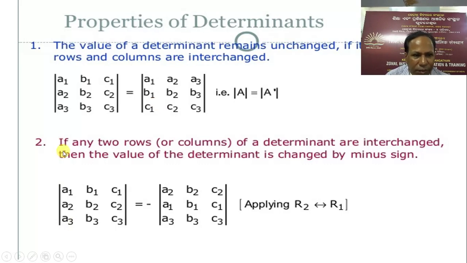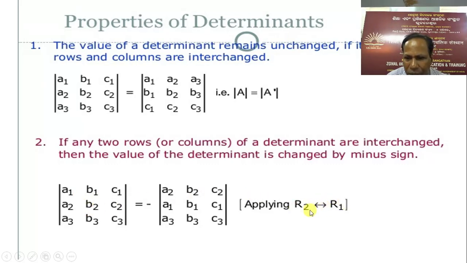The second property is, if any two rows or columns of a determinant are interchanged, then the value of the determinant is changed by a minus sign. Here the first row is A1, B1, C1, the second row is A2, B2, C2, and the third row is A3, B3, C3. Now we have interchanged R1 and R2. The second row comes to the place of the first row and the first row comes to the place of the second row.